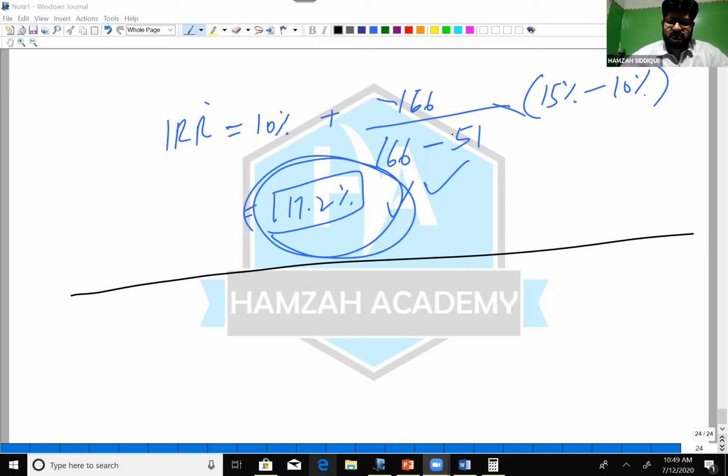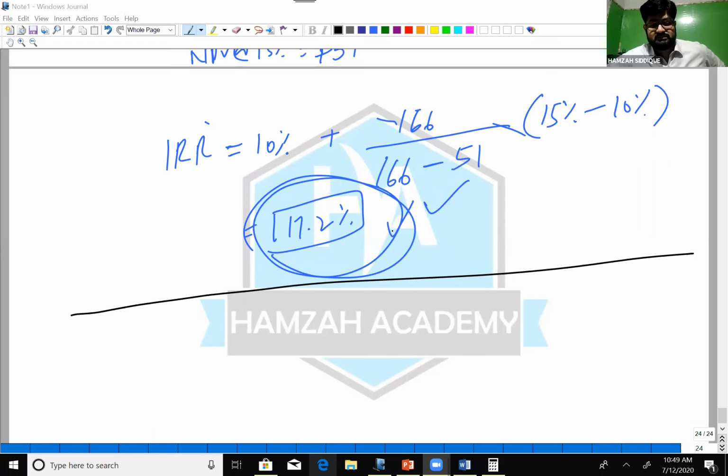No, it is correct. I have checked once again. It is exactly the same. Now it is about calculator and calculation. I have checked again, verified again. Oh man, calculator now.